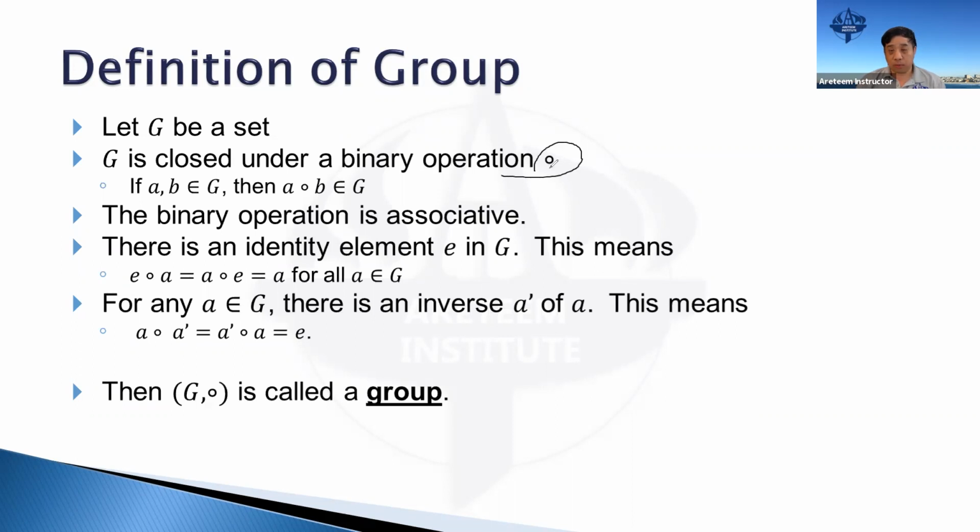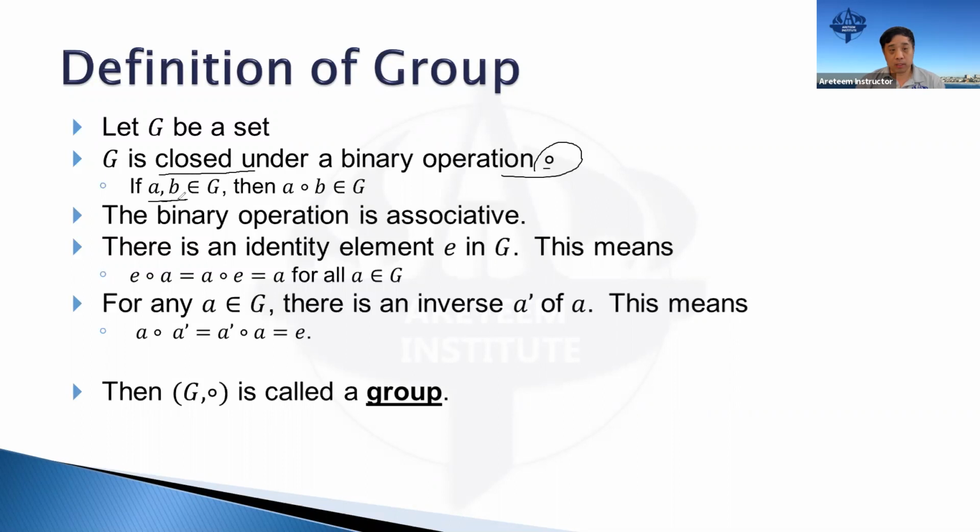I do the small circle to indicate the operation because in the normal case, we can have multiplication, addition, subtraction, and then we can raise to a power, and all different kinds of operations. And this binary operation, we have two things, and we have a result. So those are the operations. First of all, the requirement is it has to be closed under that operation.